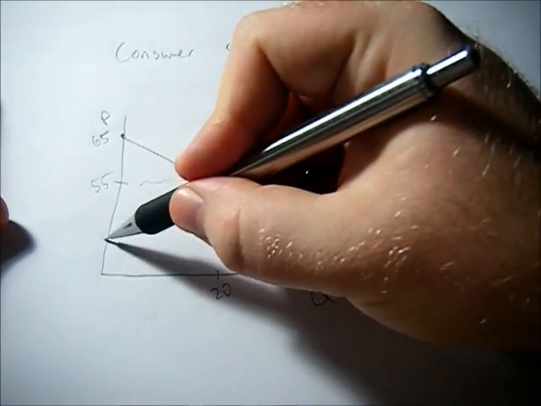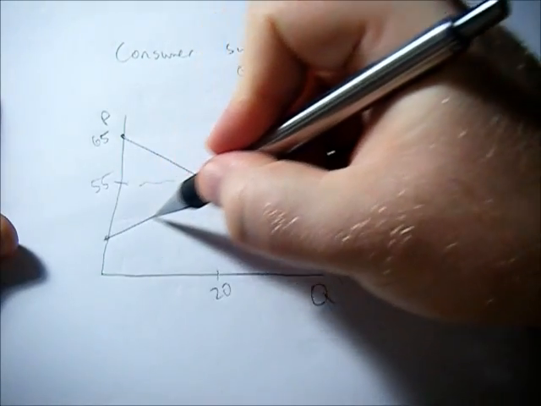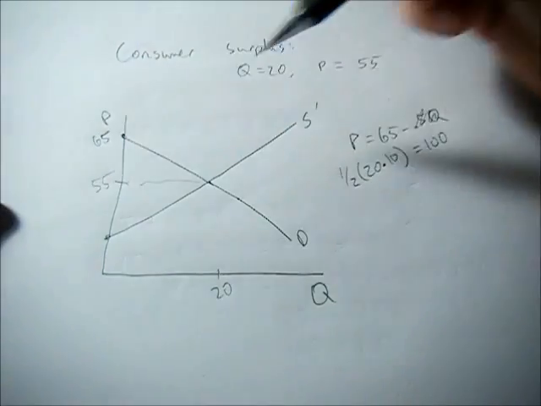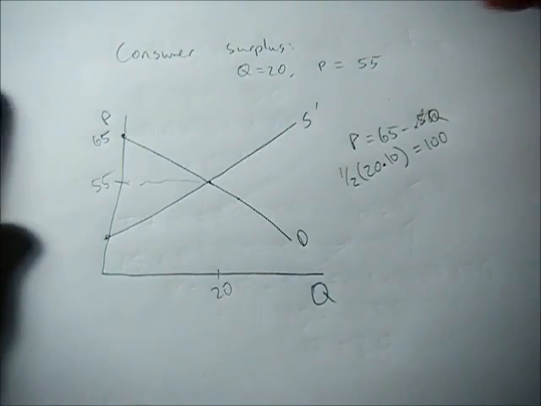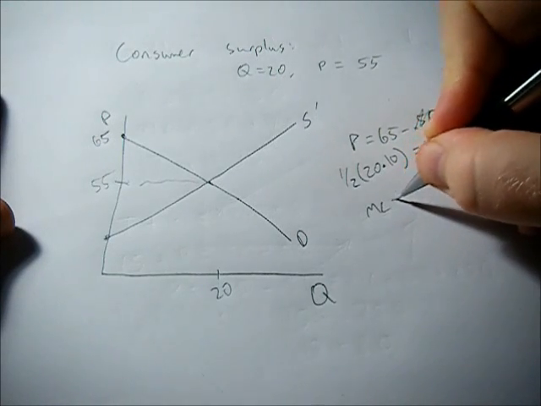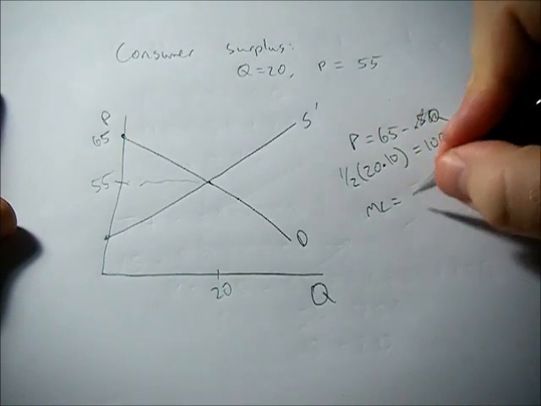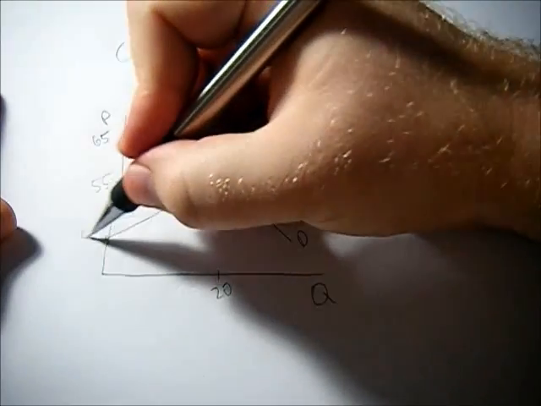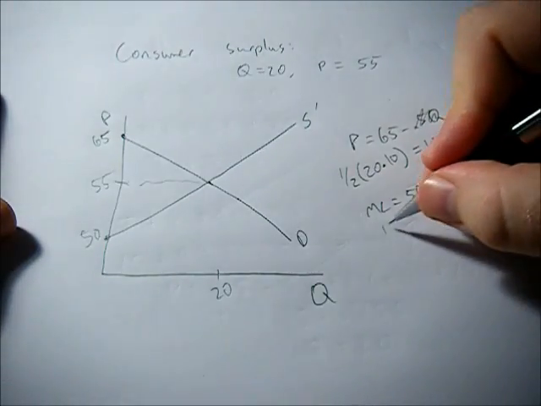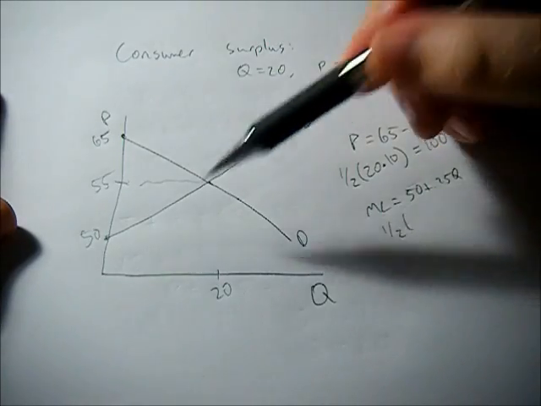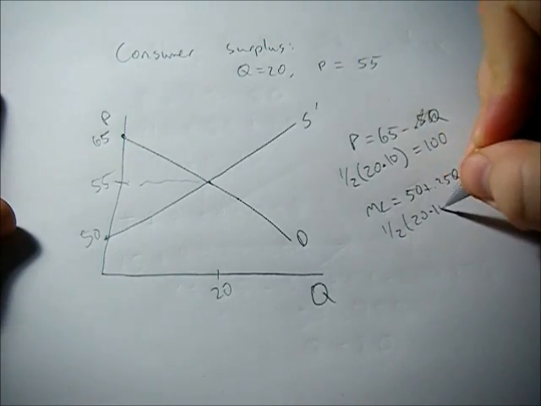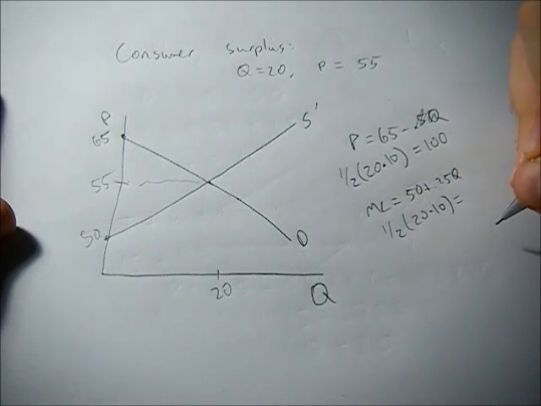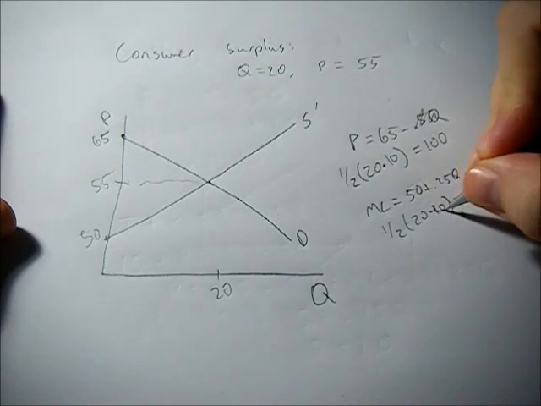When we look at our supply, we have the same intersection as before. Marginal cost equals 50 plus 0.25q. So this occurs at 50. Going to get 1/2 base, which is 20, times height, which is 5.